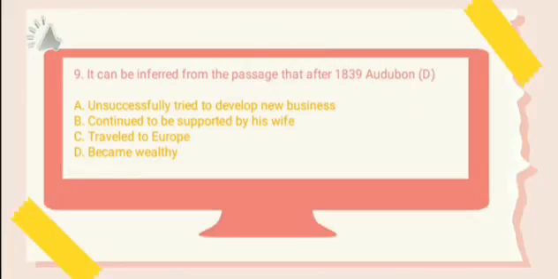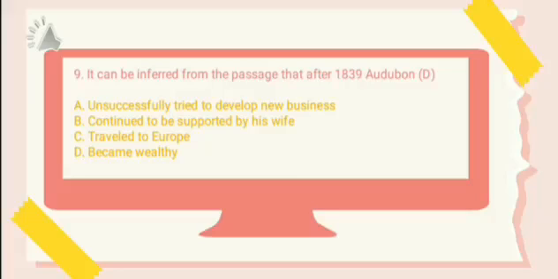And the last, number 9. It can be inferred from the passage that after 1839, Audubon became wealthy. The answer is D. Why?